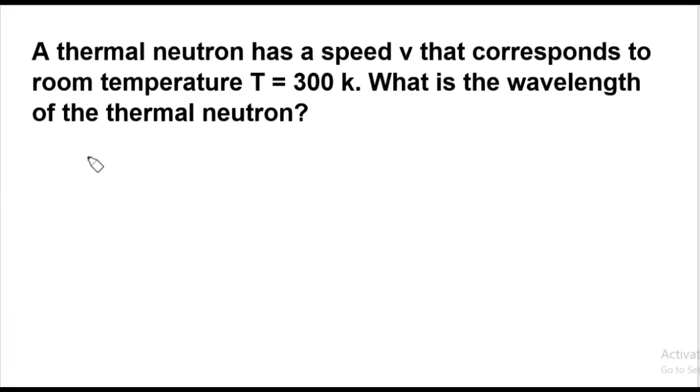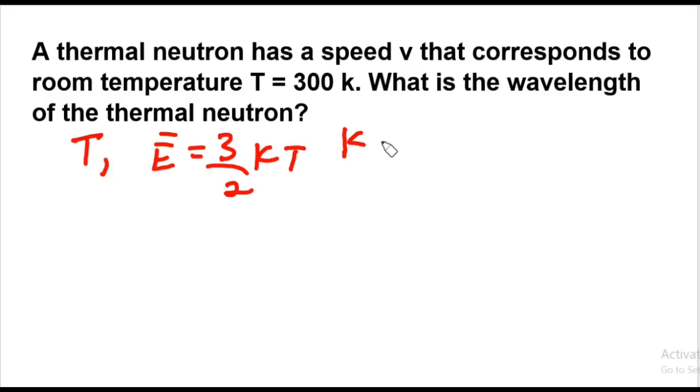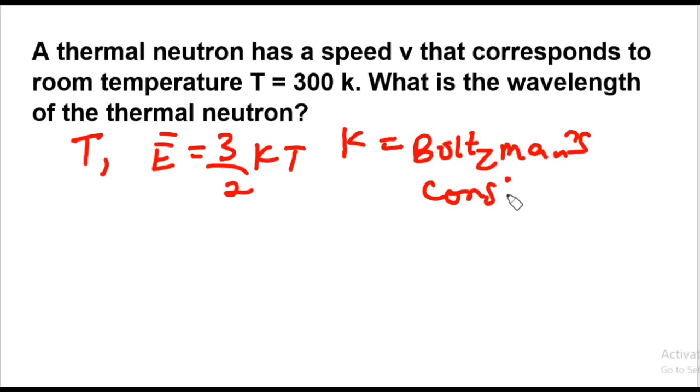At temperature T, the average energy is represented as 3 upon 2 kT, where k is the Boltzmann's constant and T is the temperature.